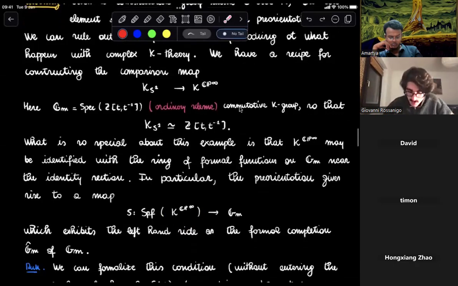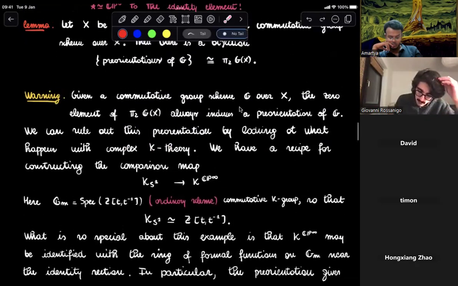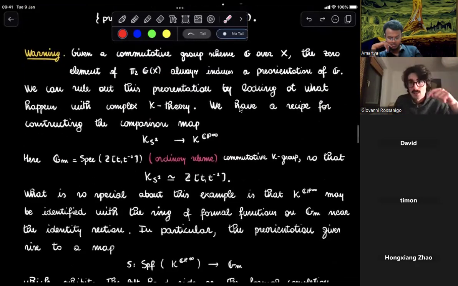So this is maybe to be compared with what we said in talk 1. And this is the condition we are looking for. Not every zero element of pi2 Gx will induce a preorientation, but this preorientation does not have this property.